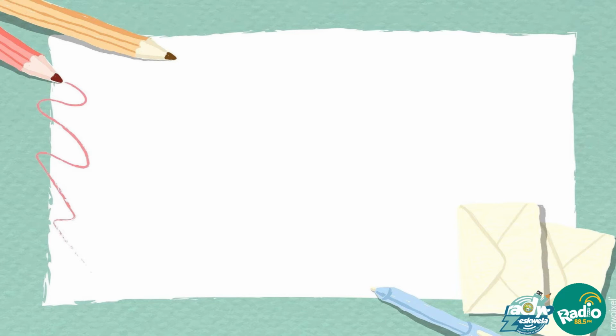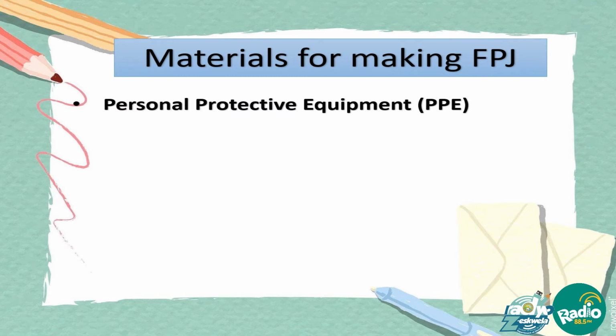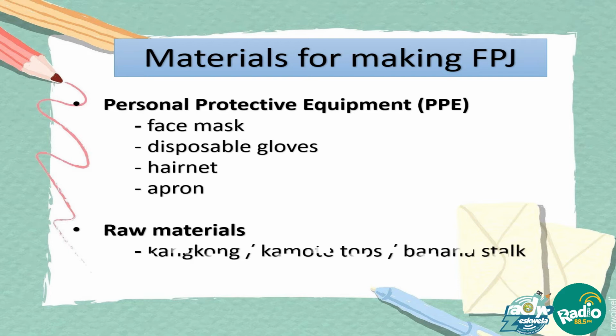In making FPJ, we need the following: the personal protective equipment or the PPE, which includes face mask, disposable gloves, hairnet, and apron. We also need several raw materials such as kangkong, kamote tops, and banana stalk.